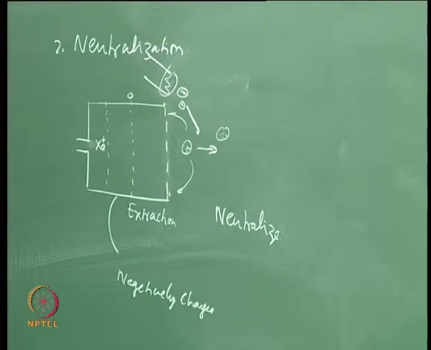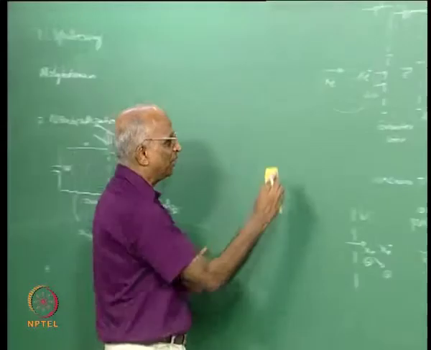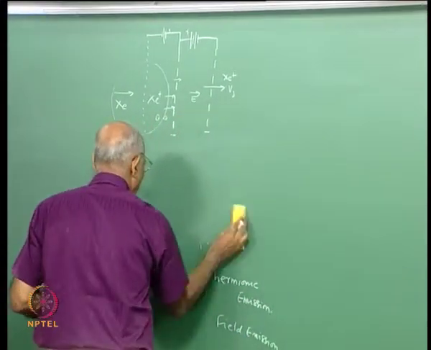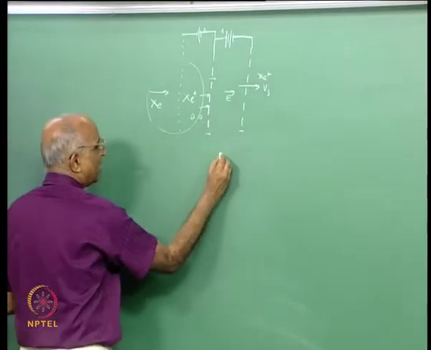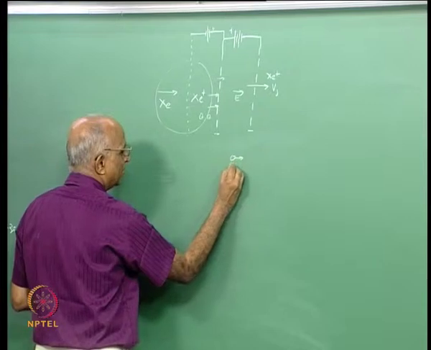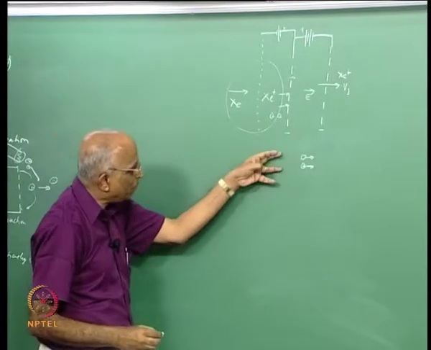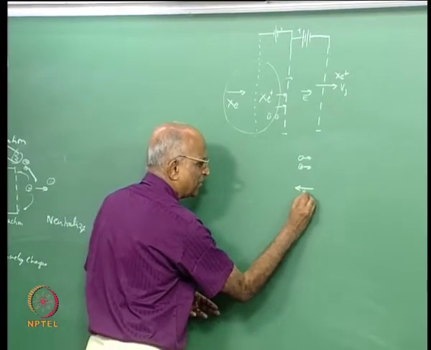Well, there is a third problem. The third problem, let's see on this figure how we can visualize it. What is it we are doing? We are pushing the positive charges, accelerating them over here. When the positive charges move like this, I have a current which travels in this direction.